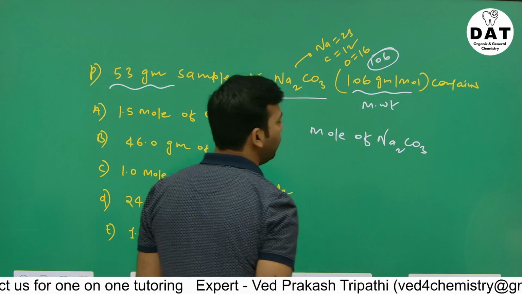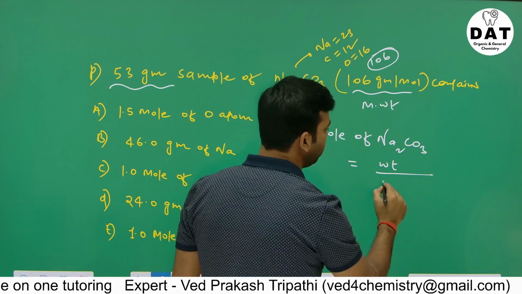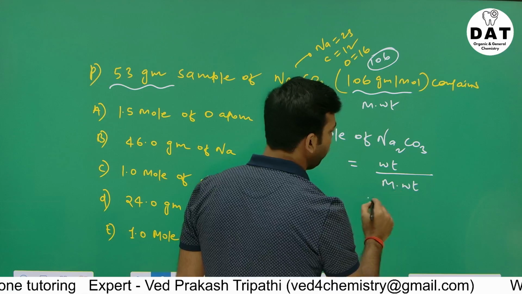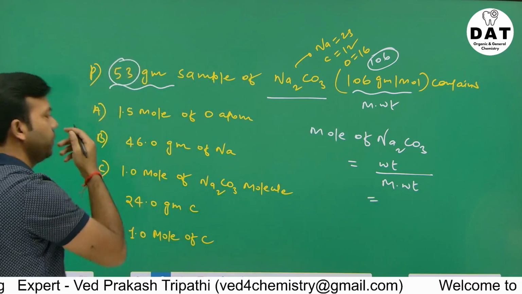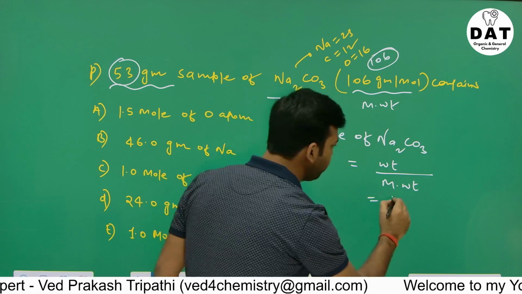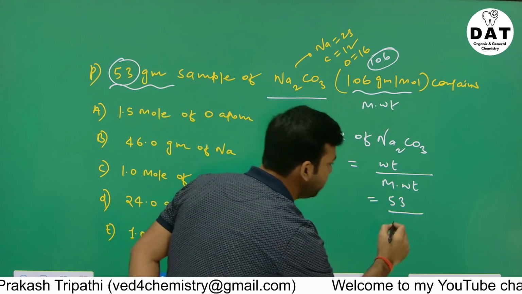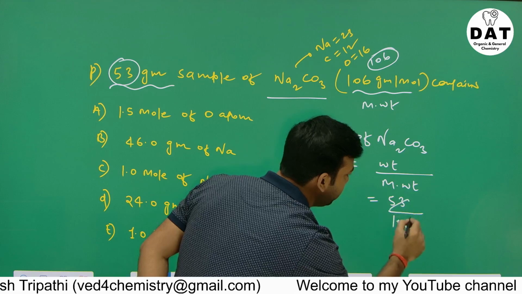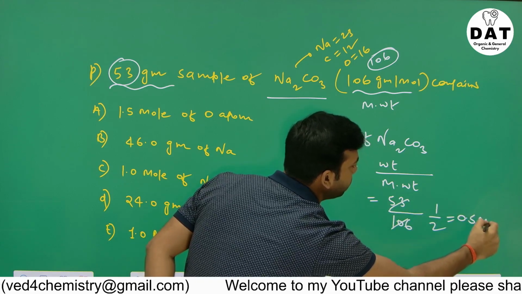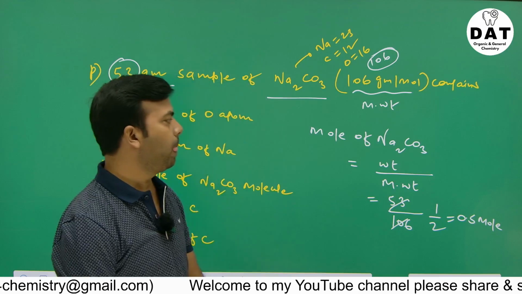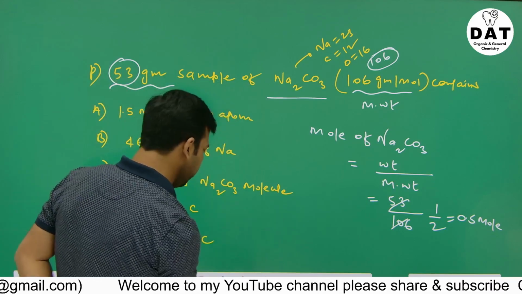Weight upon molecular weight. Weight is 53. What is molecular weight? 106. Then it is 1 by 2, which means 0.5 mole.